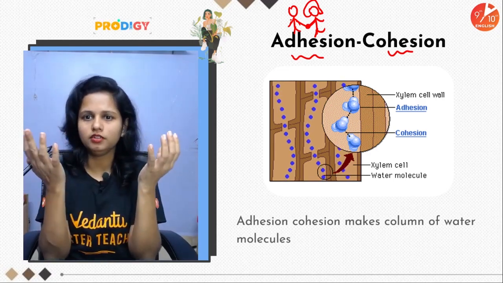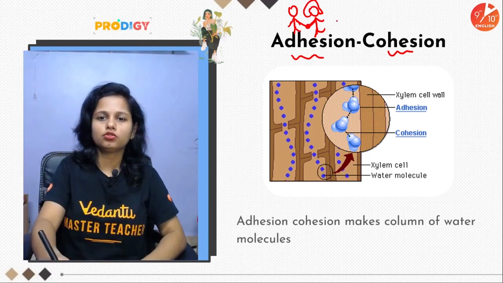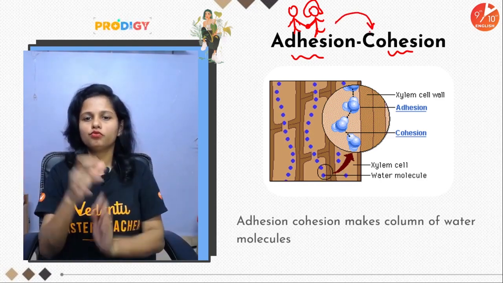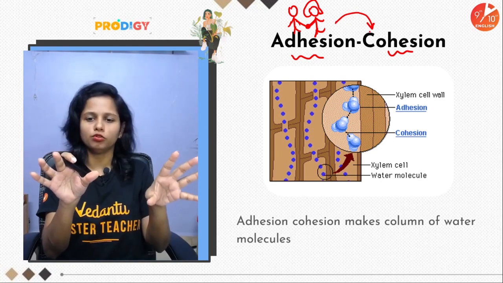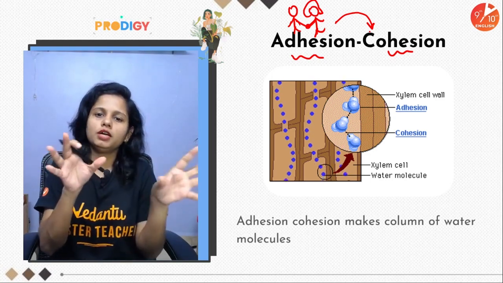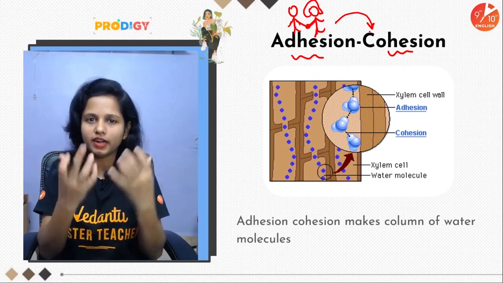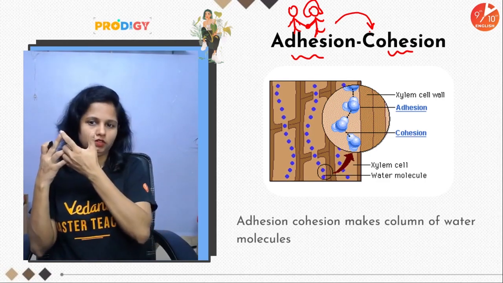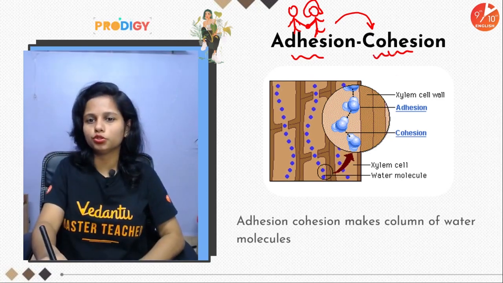If they are the same, it's called cohesion. If one water molecule is there, there is another water molecule. This water molecule will pull the other water molecule so that they stay together. We are alike, and we will move further together. That's what we call cohesion.